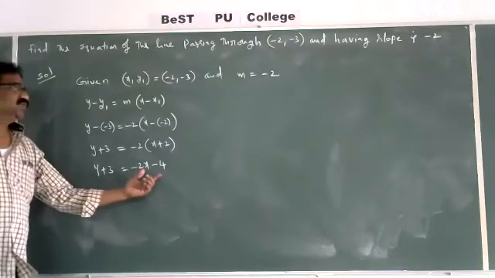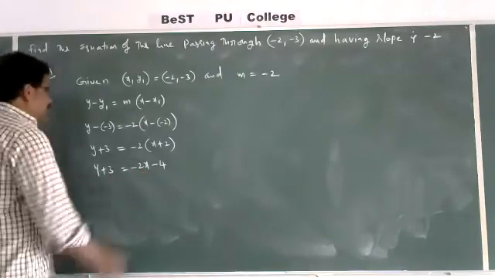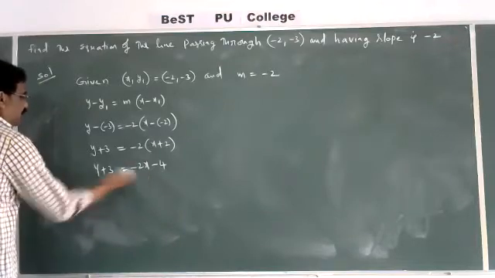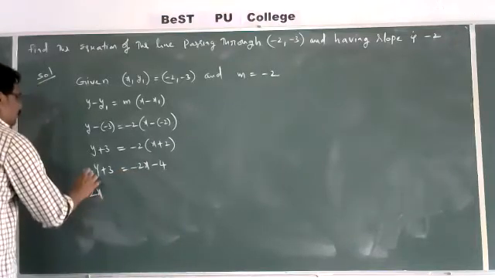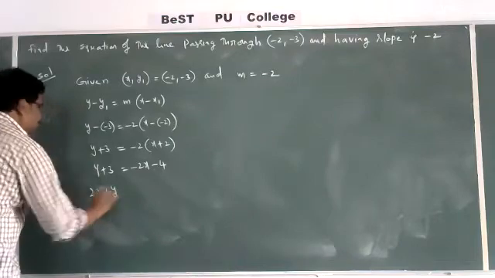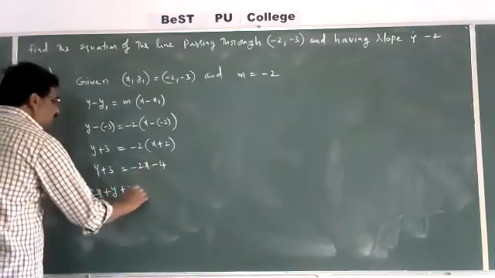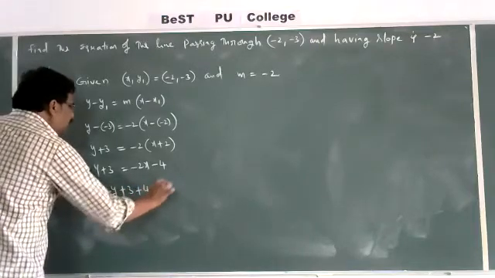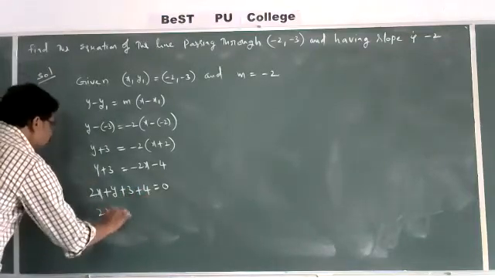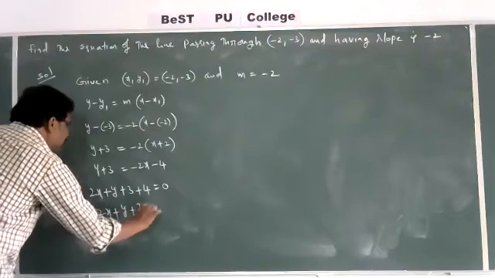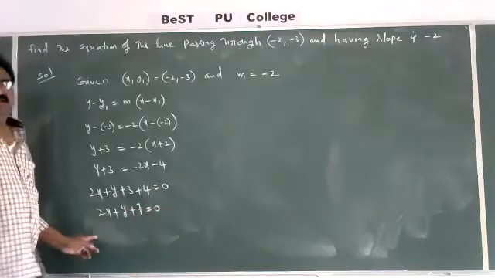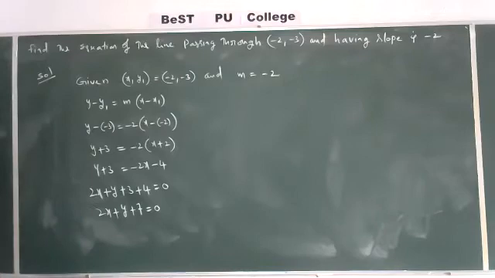You bring these two terms to the LHS: minus 2x becomes plus 2x, plus y is already there, plus 3 is already there, and minus 4 becomes plus 4, equal to 0. That is 2x plus y plus 7 is equal to 0. This is the required line equation.